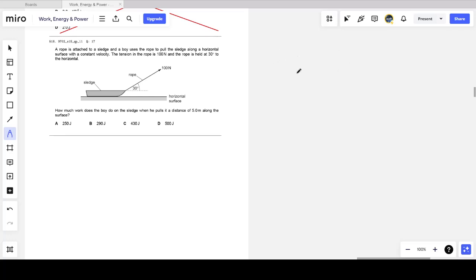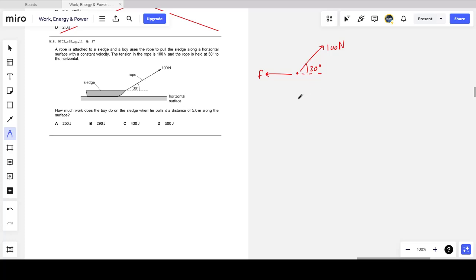So what happens is we have a sledge here that's being pulled at constant velocity. The force is acting 30 degrees to the horizontal, and that force is 100 newtons. And it's moving at constant velocity, so the horizontal component of the force that is being applied by the boy is opposed by an equal and opposite frictional force, which we'll call little f.